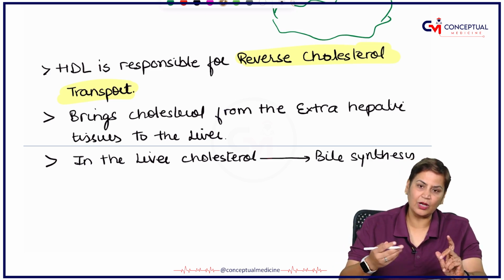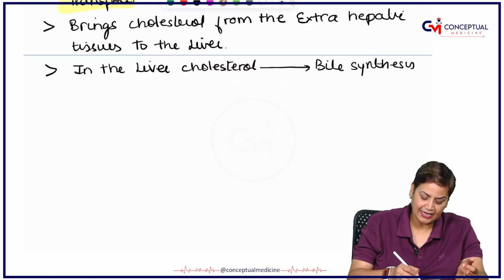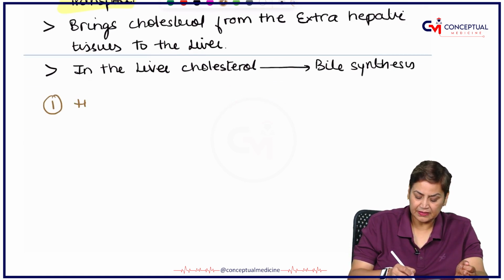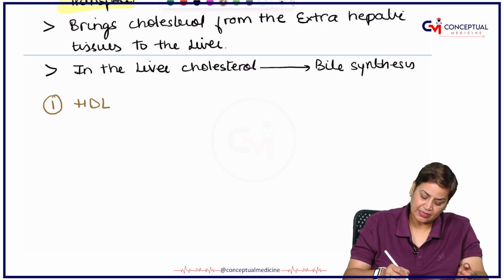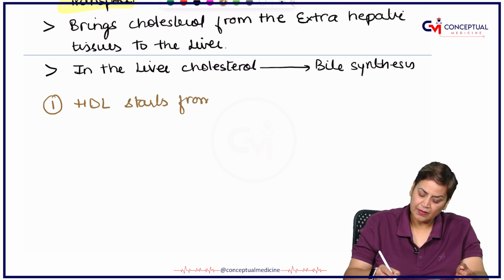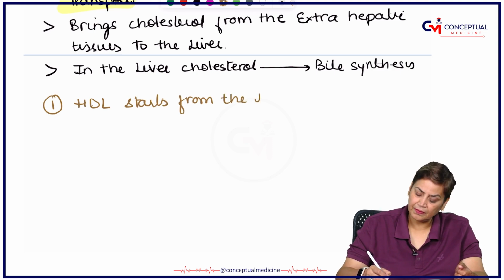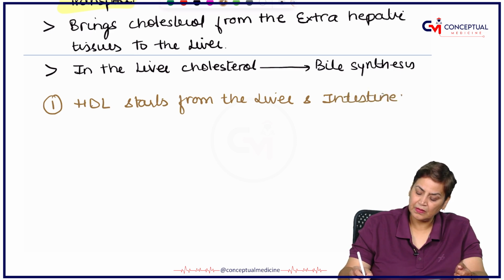Now we have to jot it down in points. So I can simply say that HDL metabolism starts from the liver and intestines. Right.